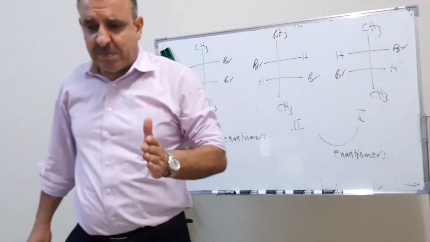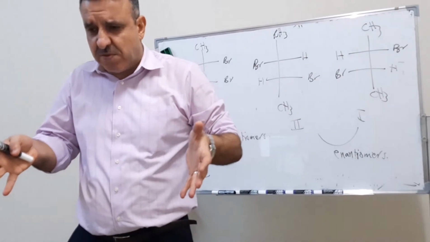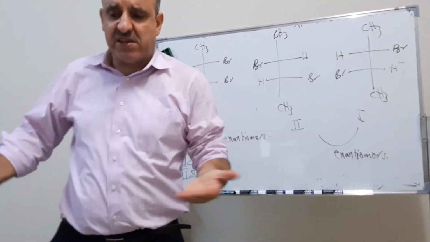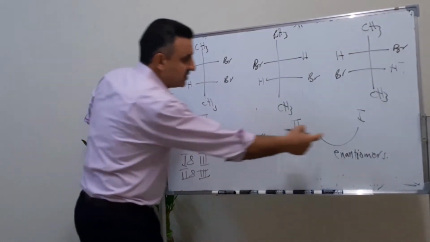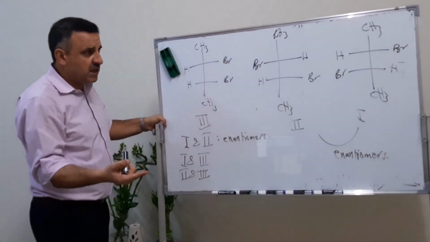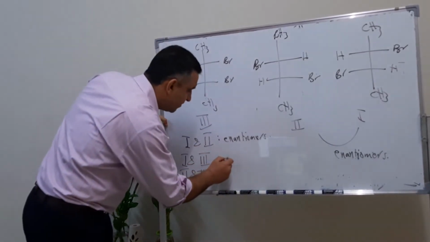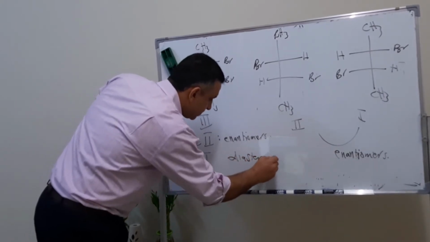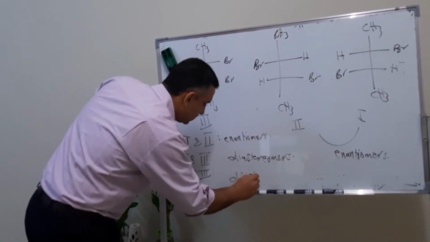If you remember from the previous lecture, if we do have two stereoisomers which are not enantiomers, then definitely they are diastereomers. So 1 and 3, as you can see, they are not enantiomers, but they are stereoisomers, then the relationship must be diastereomers. And the same thing applies to here, diastereomers.